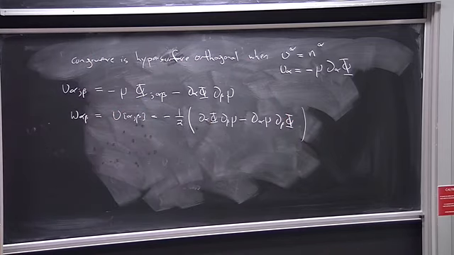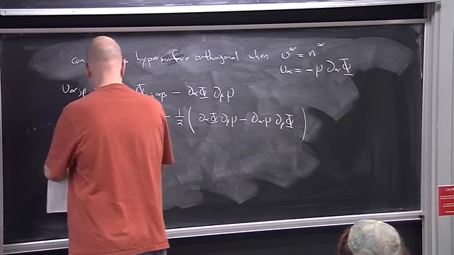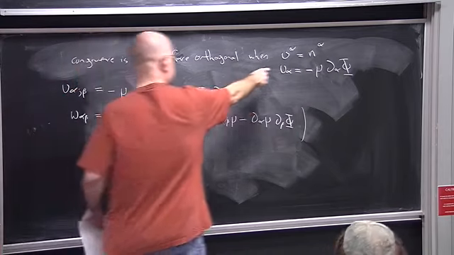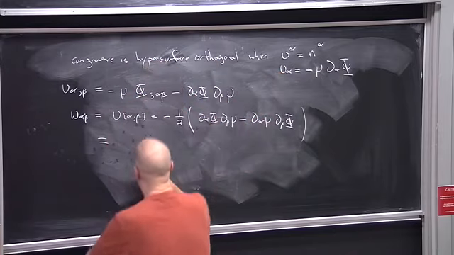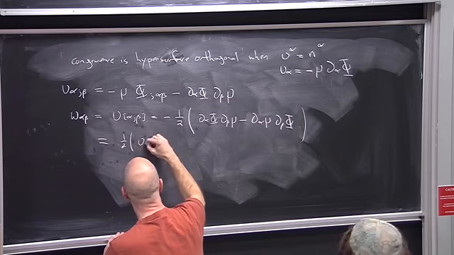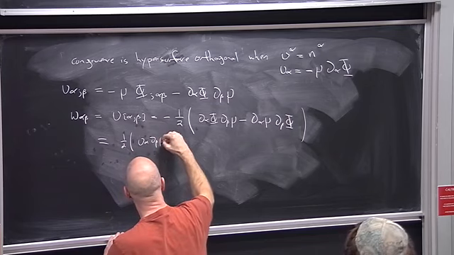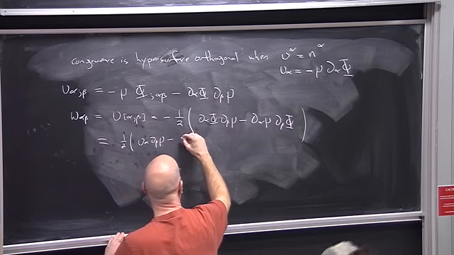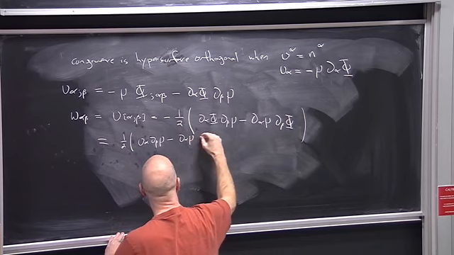I'm going to write it slightly differently, just recalling this equality over here. I'm going to get 1/2, and this is u alpha d beta mu minus d alpha mu u beta.